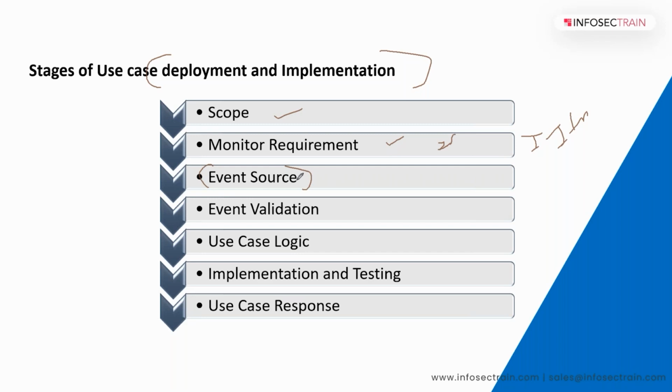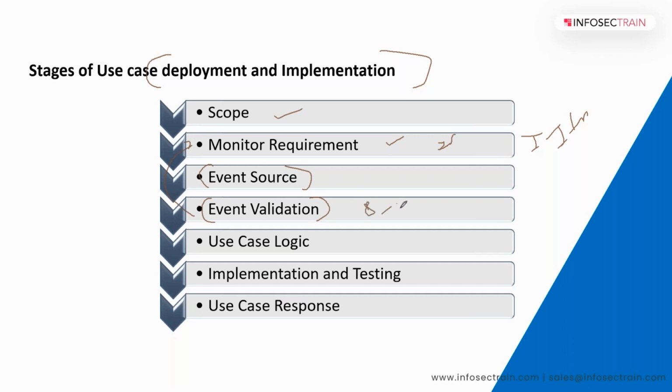The event occurred from what source? That source is your firewall, your web application, or an application. Look for the source and then validate that source. It needs to be validated against your monitoring requirement. When was it received?